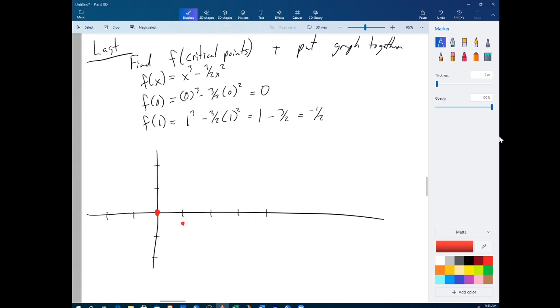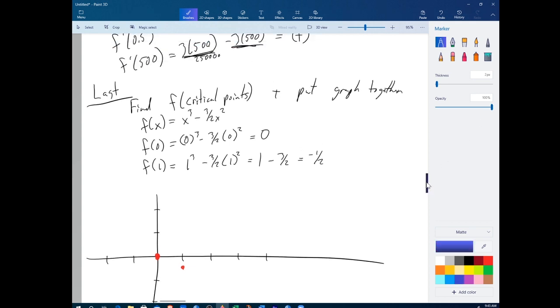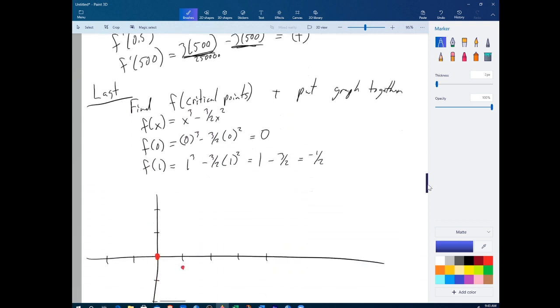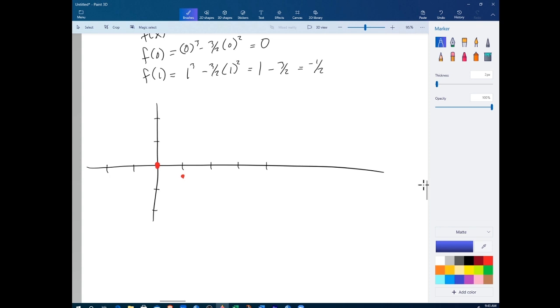And once you have that, we're going to go reference our table. And our table told us when we were going from negative infinity to 0, we must be increasing. Going from 0 to 1, we were decreasing. And then after 1, we start increasing again. So that sounds to me like I was increasing, decreasing. Oh, let's maybe not go quite that far.